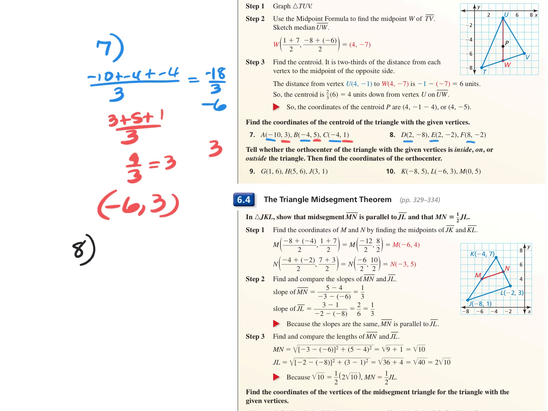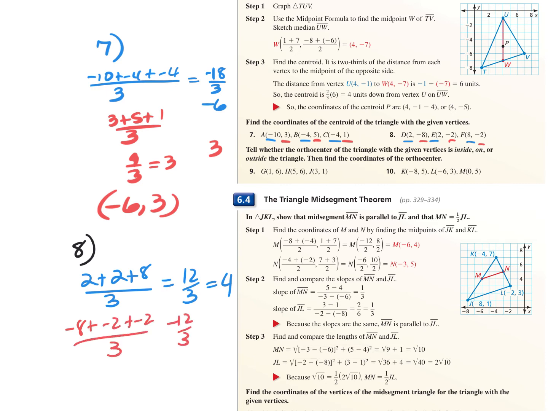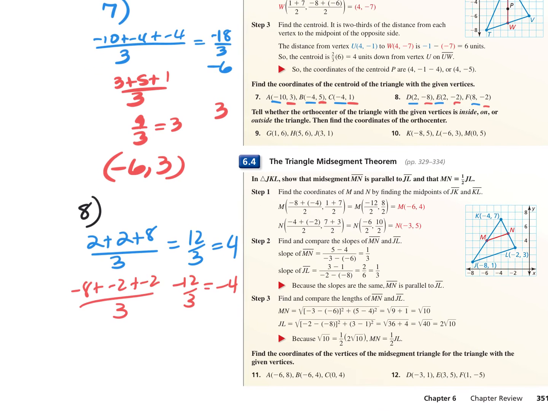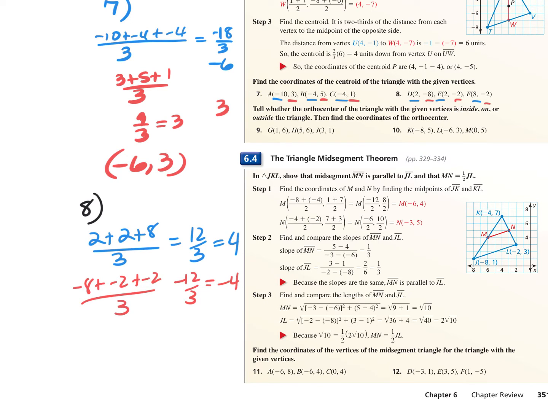So for number 8, I'm adding 2 plus 2 plus 8, divide by 3, 12/3, which gives me 4. And then my y's, -8 plus -2 plus -2, -12 divided by 3, and that gives me -4. So the point of concurrency, my centroid, is the ordered pair +4, -4.